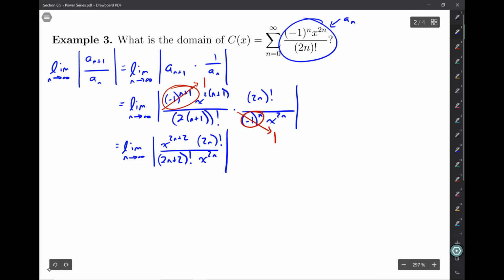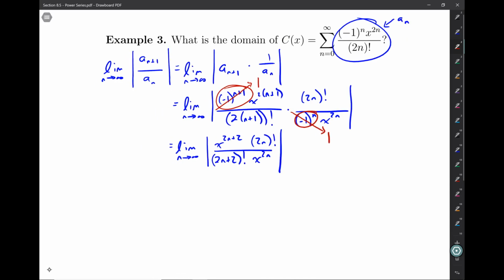Now, again, we use the ratio test with factorials because we get a lot of nice factorial cancellation. So let's look to the side here a little bit and look at 2n factorial over 2n plus 2 factorial.